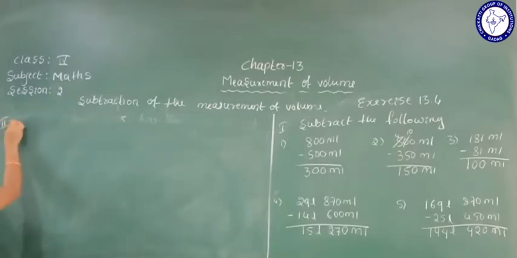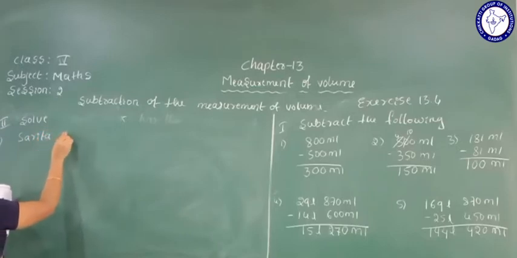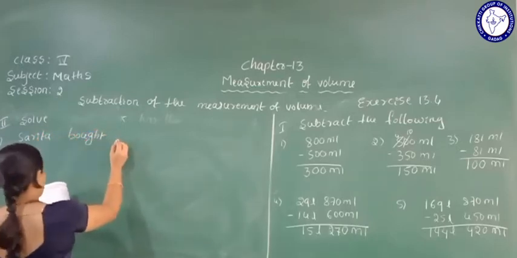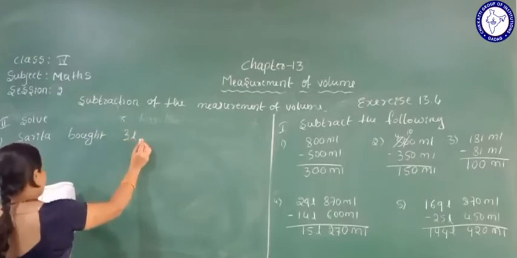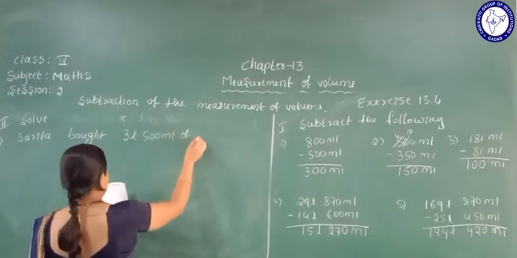Second main, solve. First one, Sarita bought 3 liter 500 ml of kerosene.